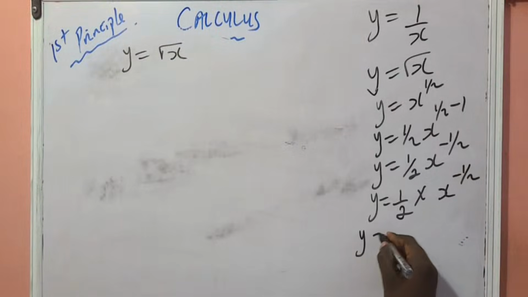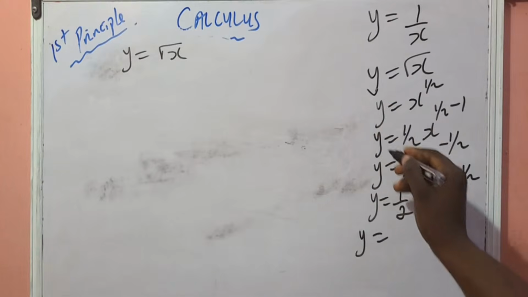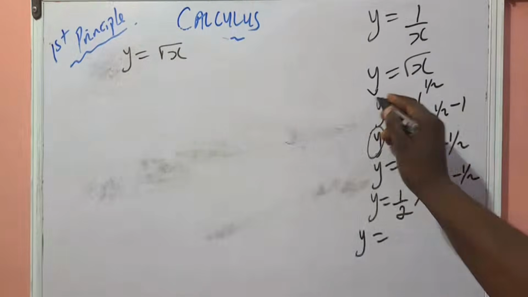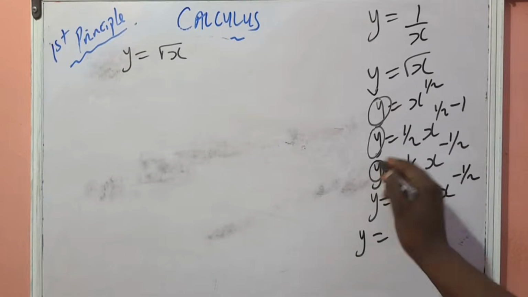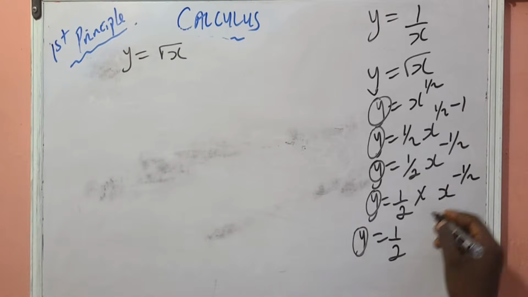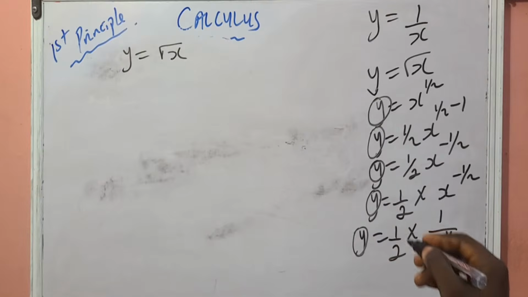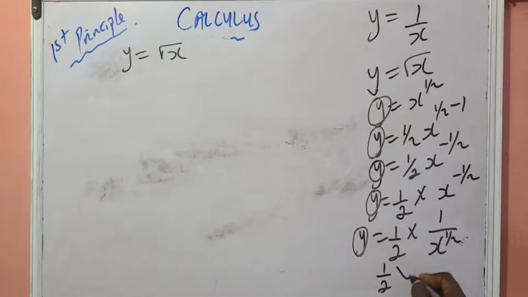Sorry, it's actually supposed to be dy over dx. Please change all these places where you are seeing y to dy over dx, not y. All these are dy over dx. So this will be 1 over 2 times 1 over x raised to power 1 over 2, which is 1 over 2 times 1 over square root of x, which is 1 over 2 square root of x.